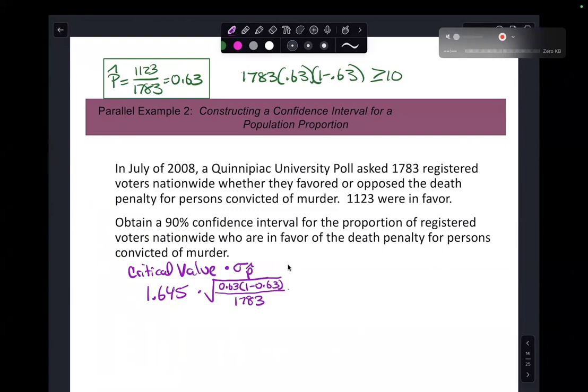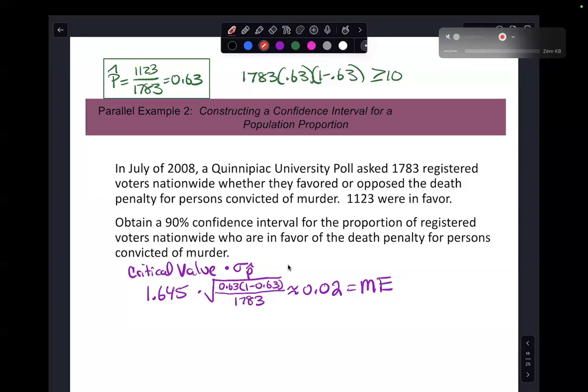So I got approximately 0.02. Let me know if I mathed wrong, please. Okay, so this right here is my margin of error. So I have a 2% margin of error based on my sample size and my confidence level.